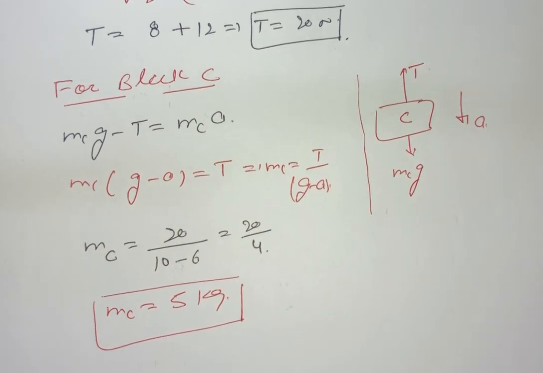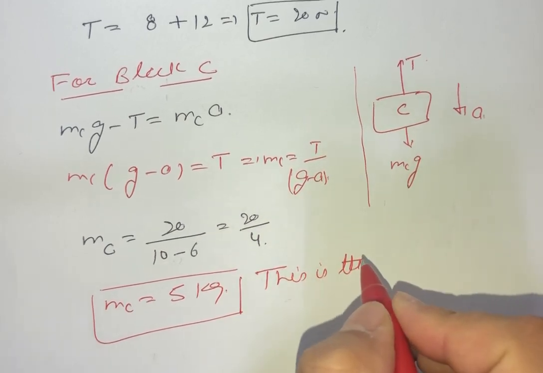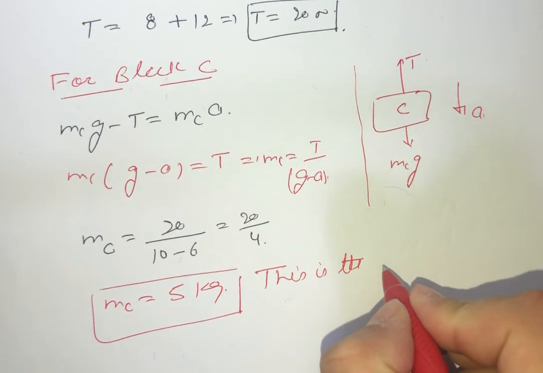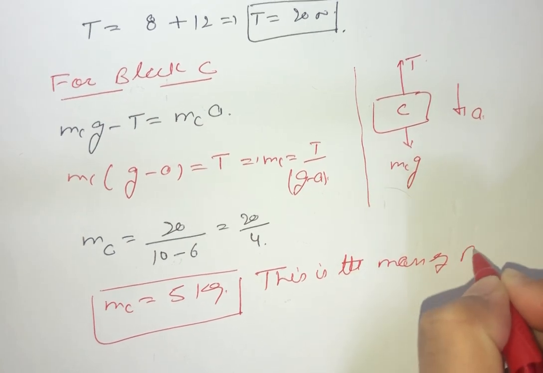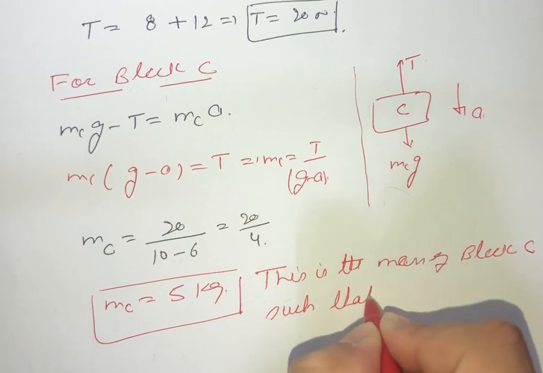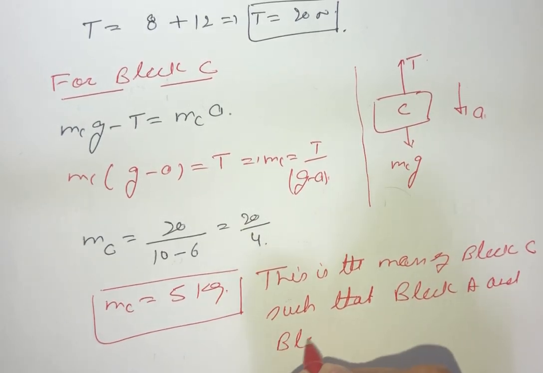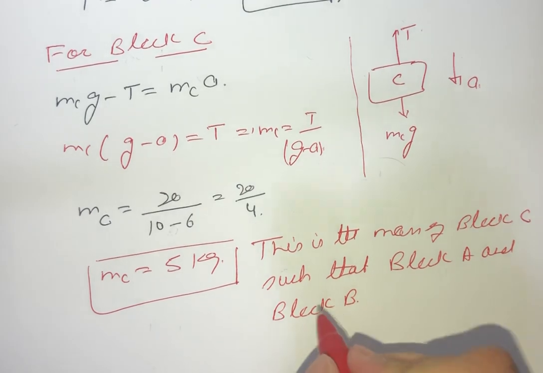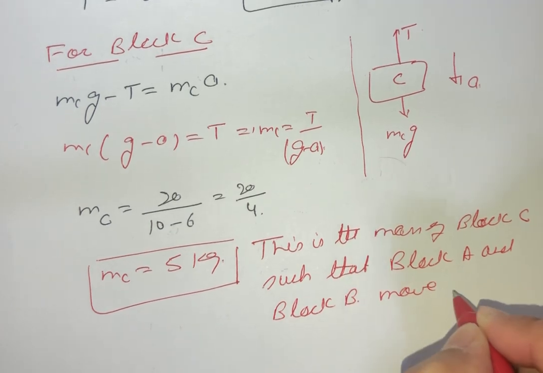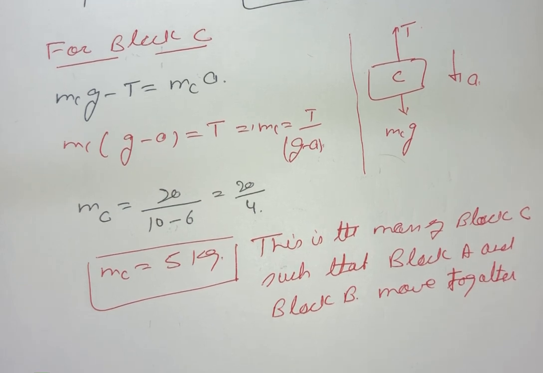So this is the mass of block C such that block A and block B move together. This completes the question. Thank you.